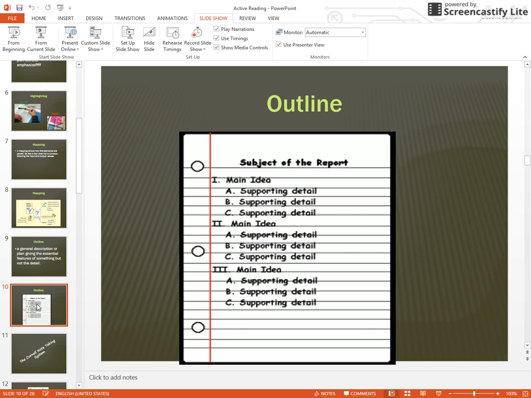We're on outline at this point, and I just wanted you to remember what I discussed with you in class the other day: you're using the objectives to help you with your outline. So the objectives would be your main idea. For number 1, 2, 3, and however many objectives you have, you're going to jot down your objectives.